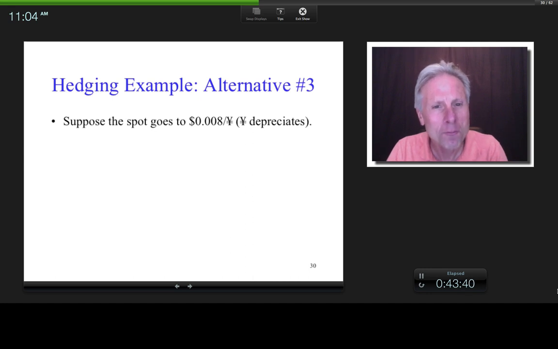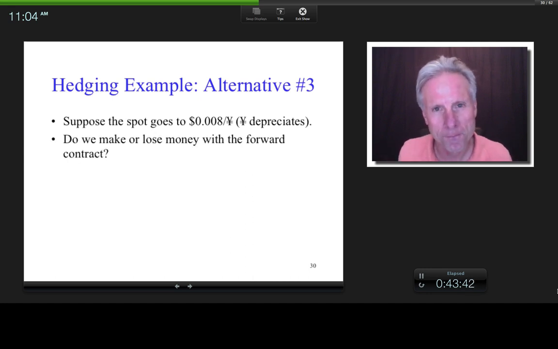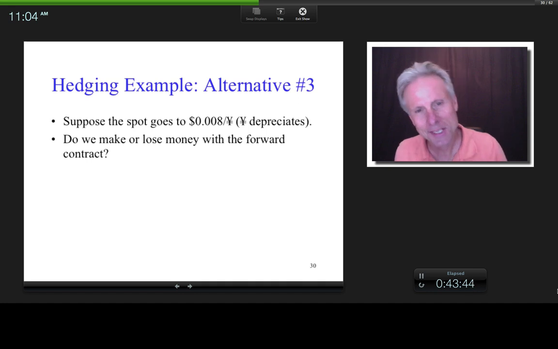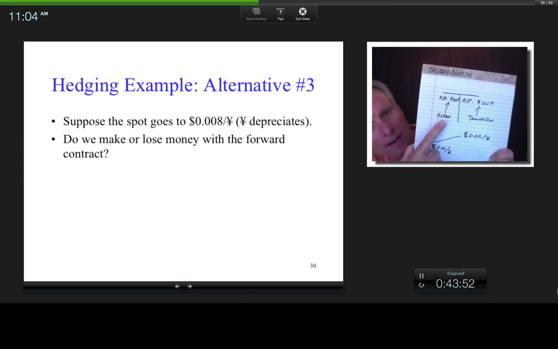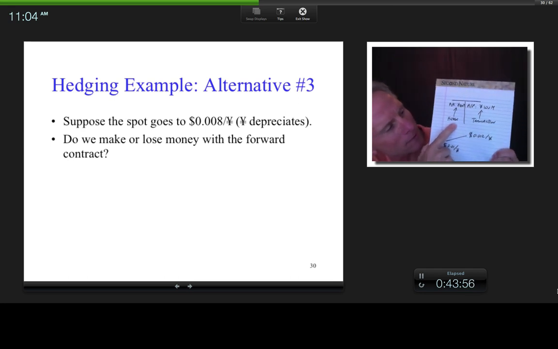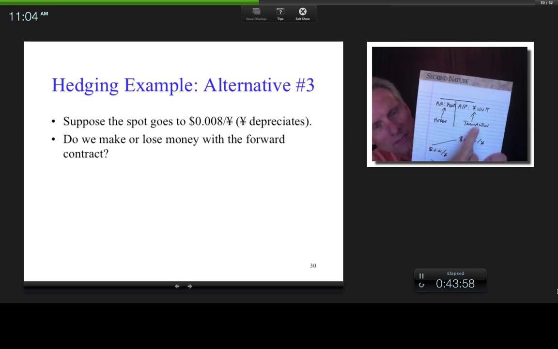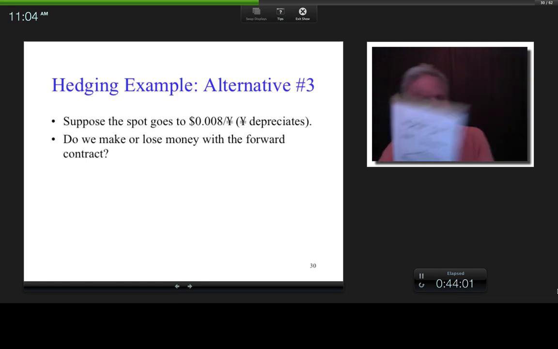Okay, now on the forward side, have we made or lost money? All right, let's think about this. On the forward side, are we long or short yen? We're long, right? Now our hedge is on that side. Here's our forward contract. Here's our widgets. That's our transaction. So we're long yen, right?